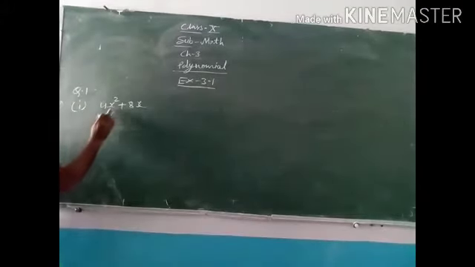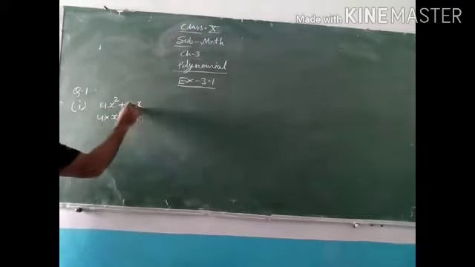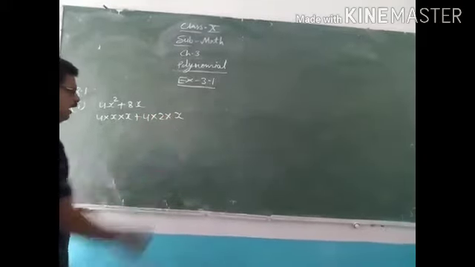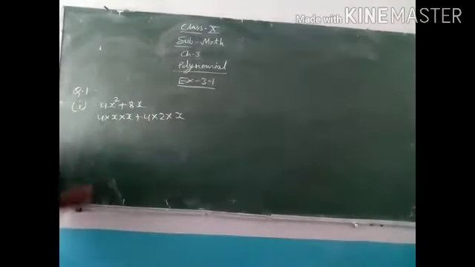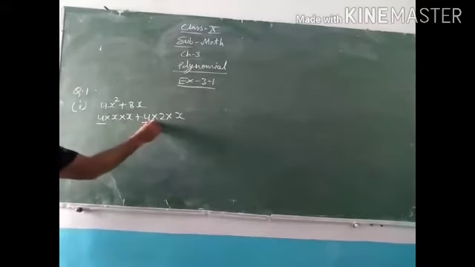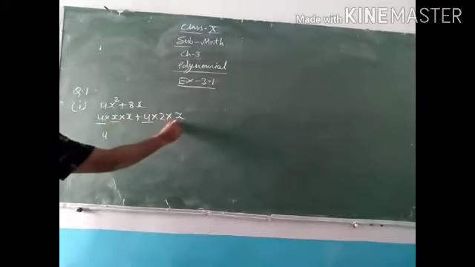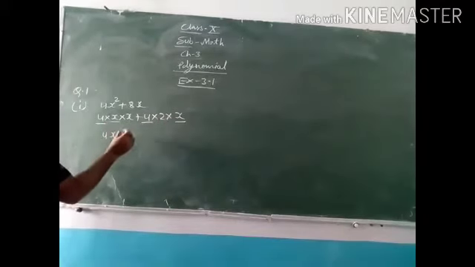You can write 4 into x square means x into x, plus 8 means 4 into 2, into x. Okay, so now 4 is coming common, so we will take out 4, and x is also coming common, so we will take out x also common.